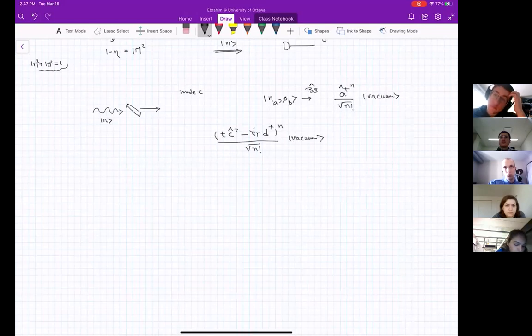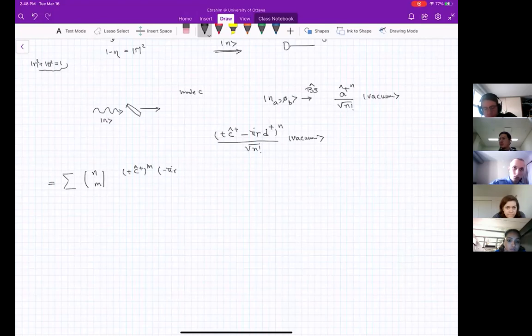Good. So this is, let's say, the state after the beam splitter. And if you do the expansion, this essentially is a binomial expansion. And what we get is the summation of the choice of m out of n. Then we have the T C dagger to the power of m, then we have minus IR D dagger to the power of n minus m, divided by square root of n factorial, acting on vacuum.